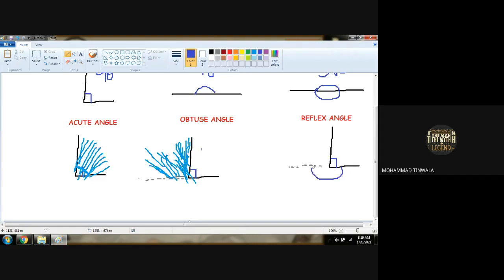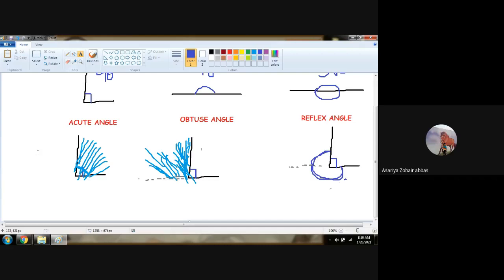This one semicircle is there, so does it cover 180-degree? Yes or no? This is covering 180, but the reflex angle is always more than 180 and less than 360. So this whole part is known as the reflex angle. Understood? Did you understand or not? Yes, for sure?